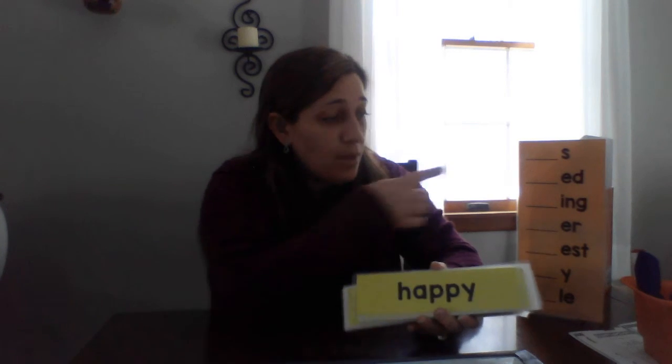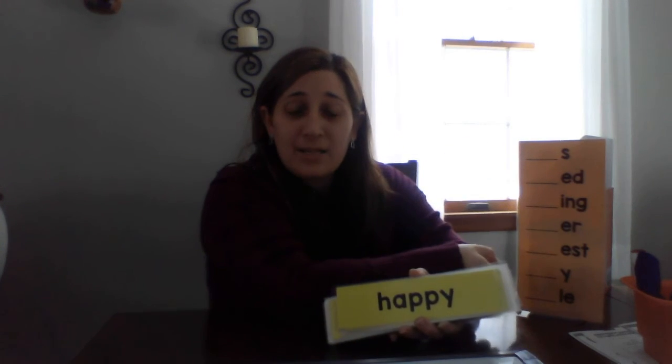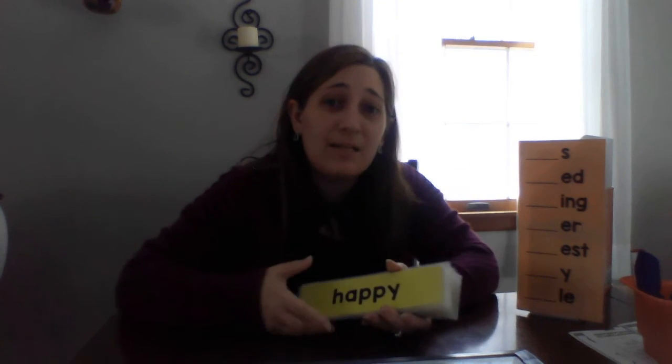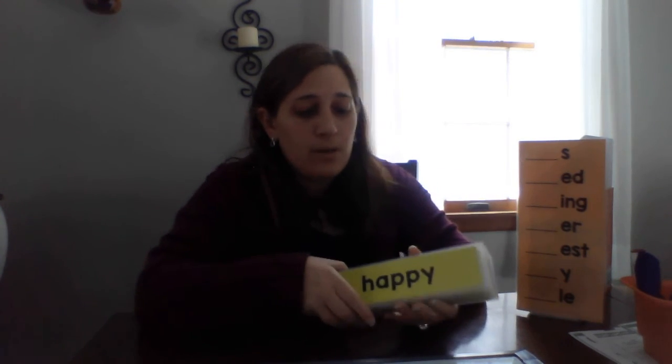What letters make up that sound? And then remember our ending sounds. If I give you the word stepped, don't put a t at the end of that word. What ending are you going to have? What ending makes that sound?